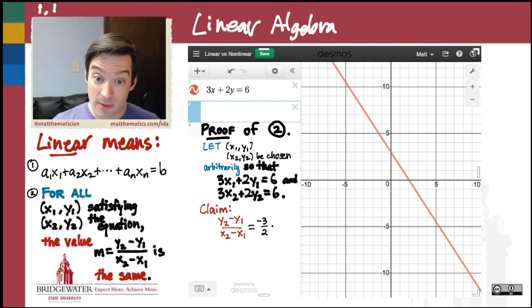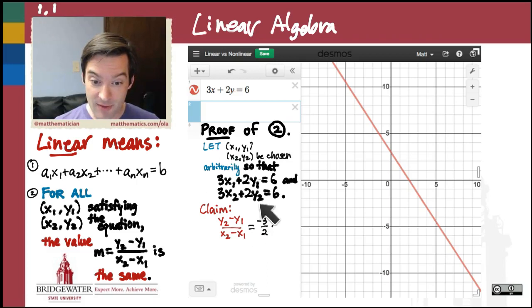So the statement that we then want to prove here is that y2 minus y1 divided by x2 minus x1, the slope that joins the 2 points that the universe has selected, that slope is -3/2, regardless of which 2 points the universe selected, right?